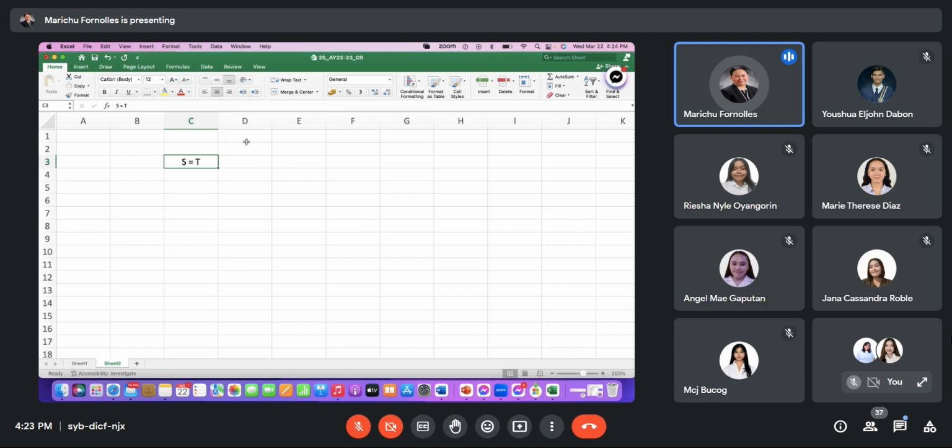Okay, this is the equation we use in process costing. So sources should always be equal to your target. This should be your guide in making the quantity schedule. So the first part of your monthly cost of production report is the quantity schedule.